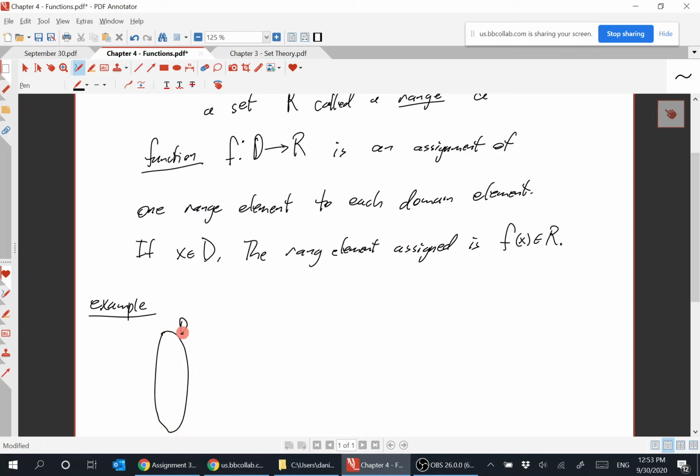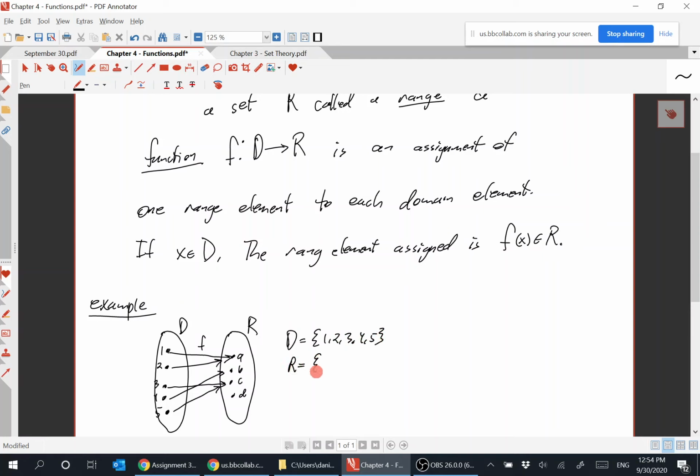So typically the way you might draw a function, you put a set for the domain, a set for the range, maybe put some elements in the domain, and then a few elements in the range, A, B, C, D, and then F will follow the arrow essentially. Okay, so here the domain is 1, 2, 3, 4, 5.